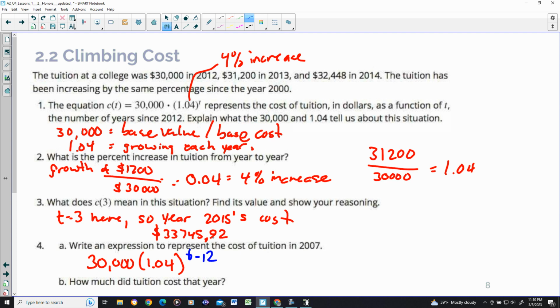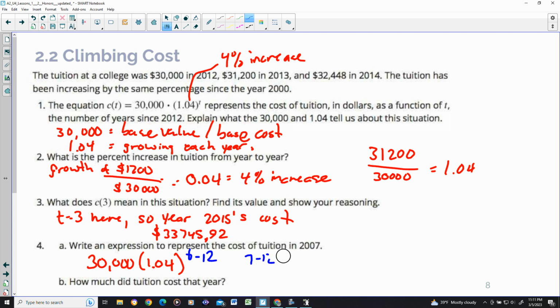So now t represents years from 2000. And then we can plug in 7 years from 2000, 7 minus 12 is equal to negative 5. So we still get the same negative 5.